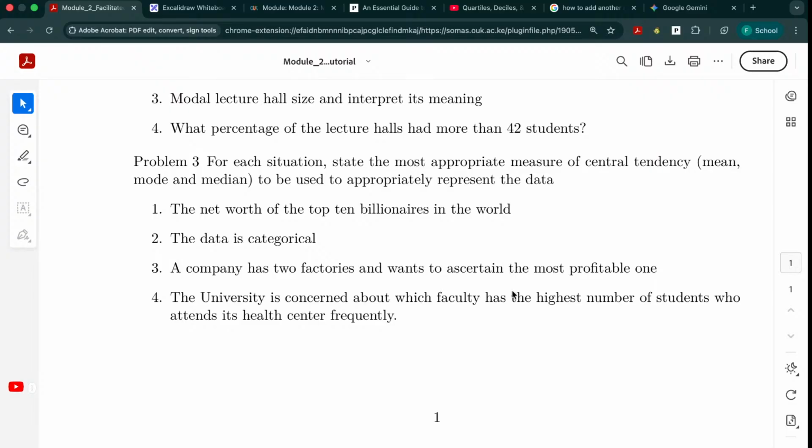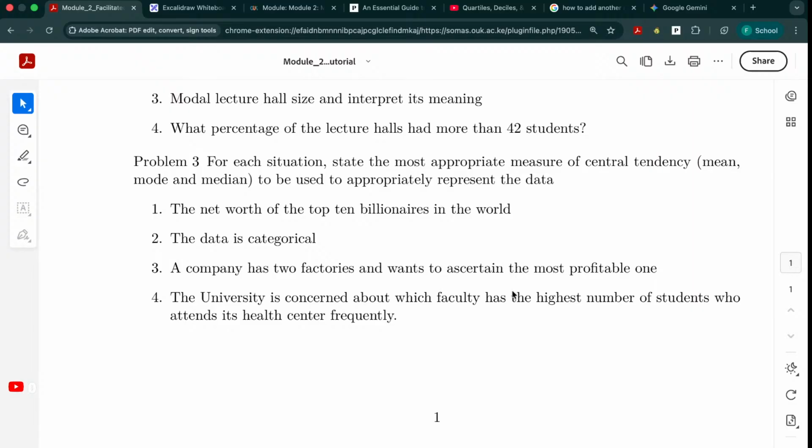We have the net worth of the top 10 billionaires. How should we represent that data? The data that is categorical. How should we represent it using the 3 central tendencies?